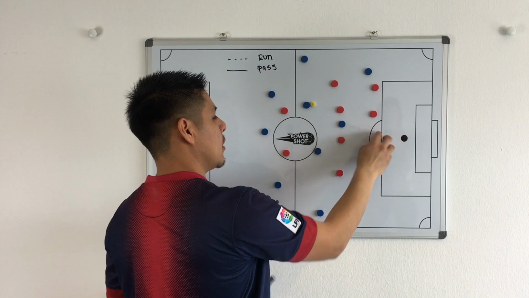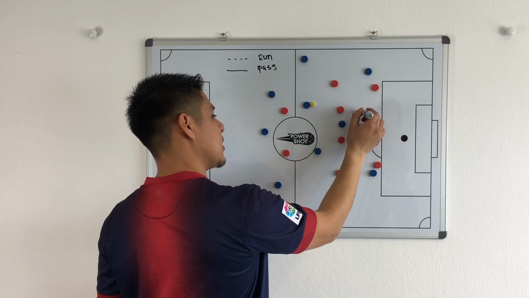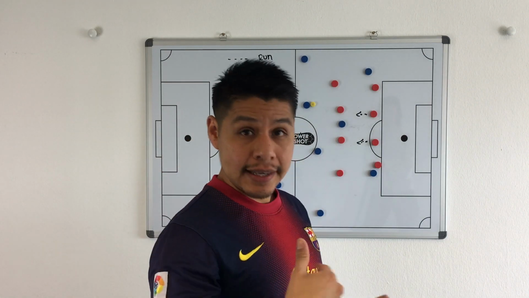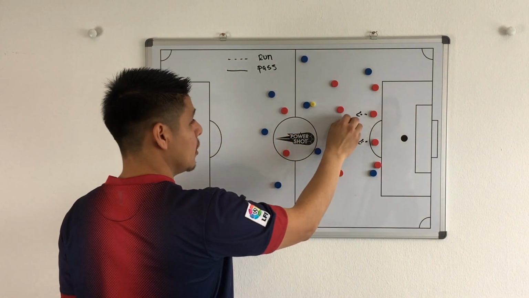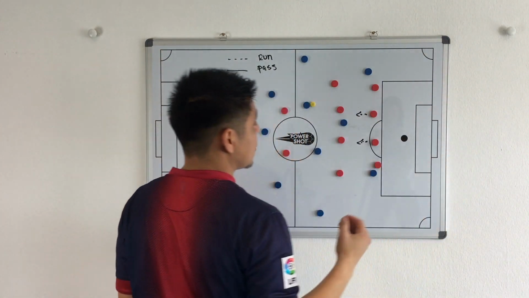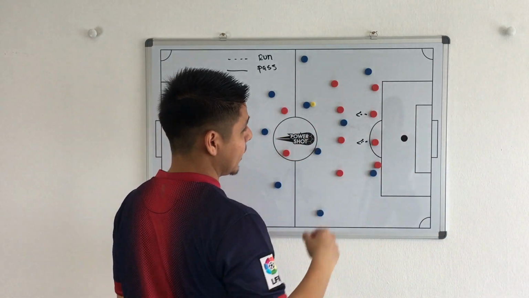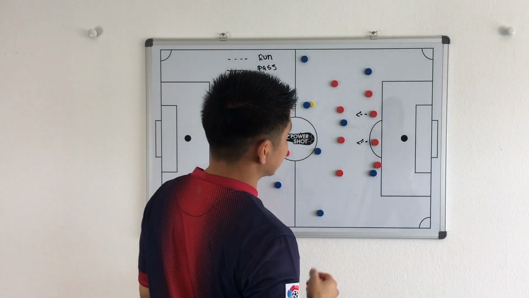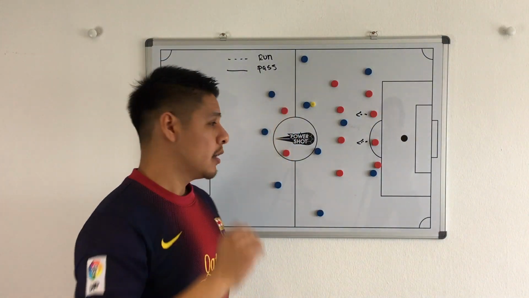So what we want is for these players essentially to move in these directions so that they get out of place, so that we can create space either behind that line or just on the outsides. And in this case, we're going to try to get around them.